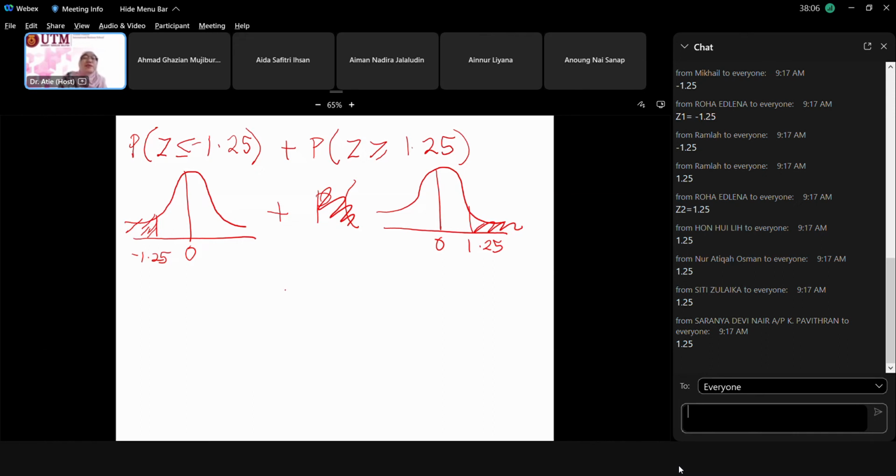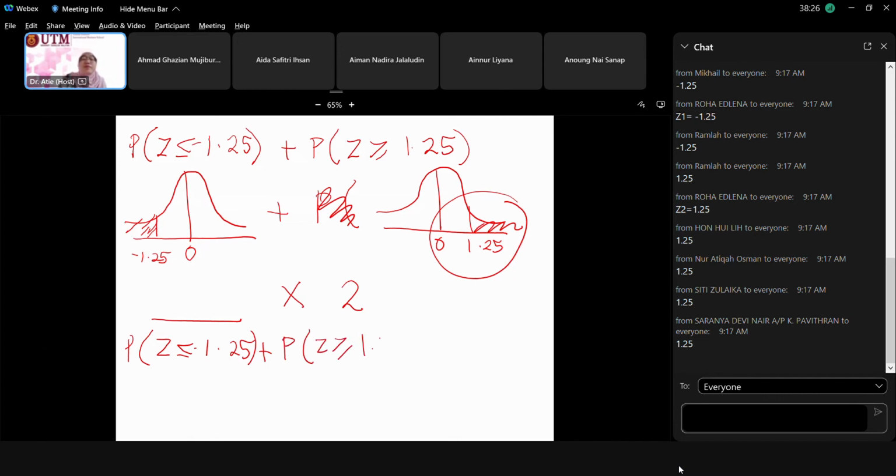We get it directly from the table. So we get P(Z less than negative 1.25) plus P(Z greater than 1.25).